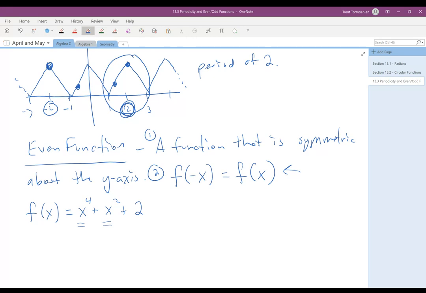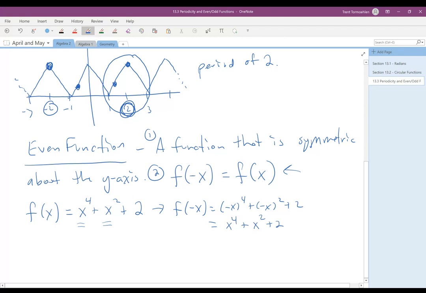If I plug f of negative x into this, I get negative x to the fourth plus negative x squared plus 2, but negative x to the fourth is just the same as x to the fourth. Negative x squared is just the same as x squared, and the 2 doesn't change. So f of x equals this, f of negative x equals that, which is the same. That's why it's an even function.